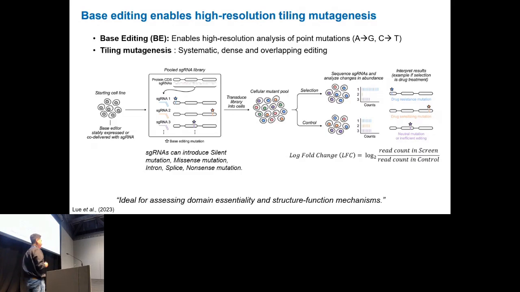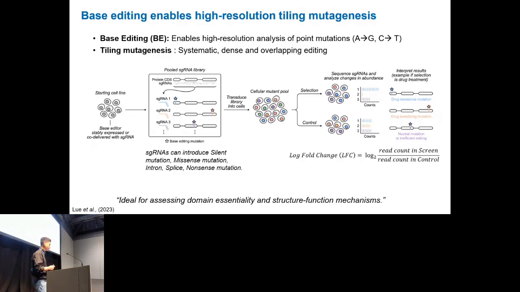So I brought an example. To do base editor tiling screening, we start by designing the guide RNA. The guide RNA here is sgRNAs, which direct the base editor to the target site on the DNA. We cover a lot of guide RNAs across this gene or protein, and then transduce them into the cells. After that, we measure the abundance of the guide RNA in cells.